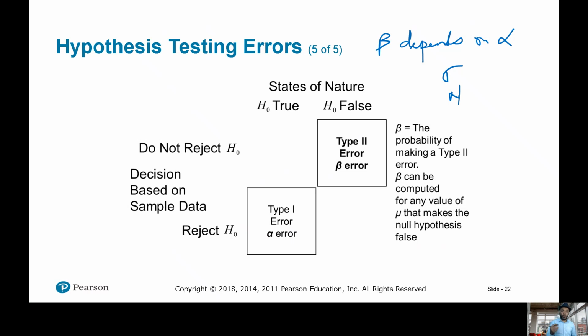Knowledge, as we know, comes from experience. The experience is what helps us to generate the data that we use in our analysis. Power is the ability to correctly reject the null hypothesis, and power is equal to 1 minus beta.